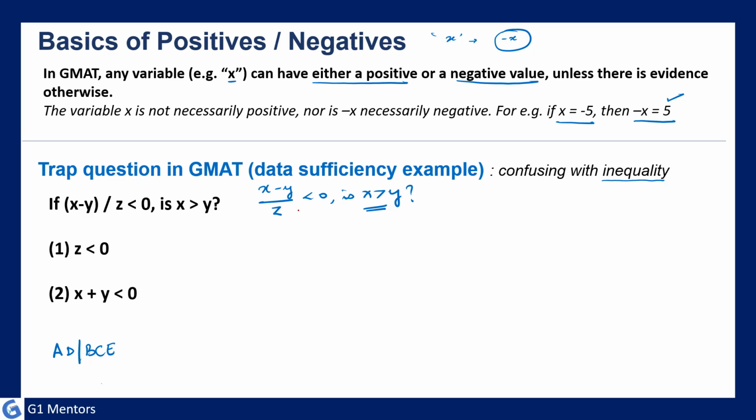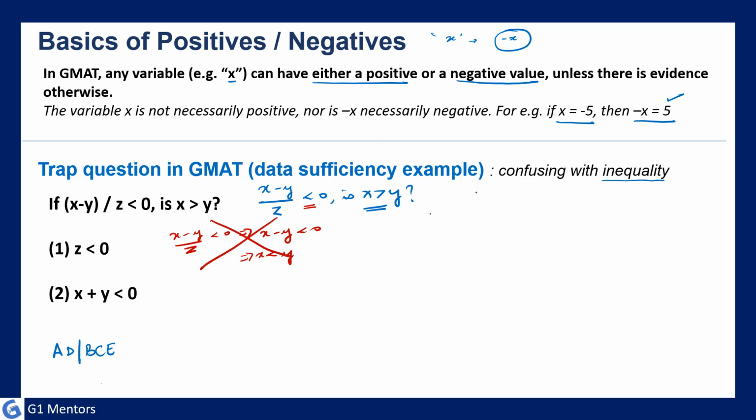We need to be careful in these kind of questions wherever there is a less than or a greater than sign. We can't do (x minus y) by z is less than 0, that implies x minus y is less than 0, we take z on the other side, that implies x is less than y. This is completely wrong.